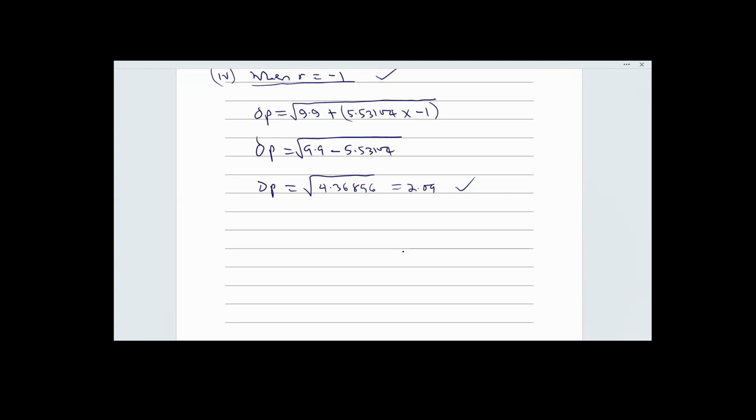I would then say the conclusion is: the higher the correlation coefficient, the higher the risk of the portfolio, and vice versa.